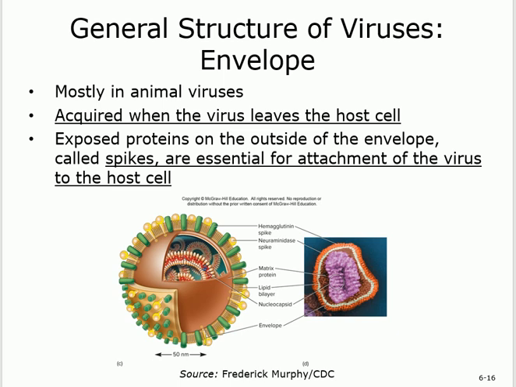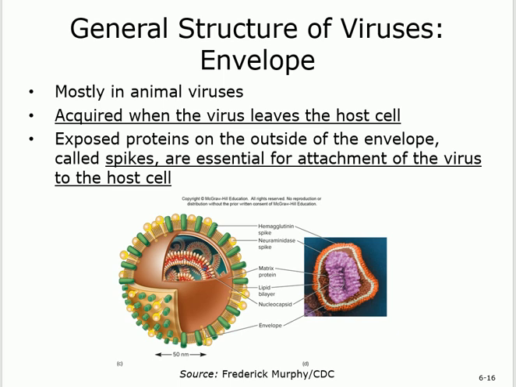Remember, in the beginning we said the virus is an obligate intracellular parasite. They have to live in a cell, whatever it is, including bacteria, protozoa, plants, animals. Specifically the animal ones are mostly the enveloped ones. So most viruses that invade animals will have an envelope.